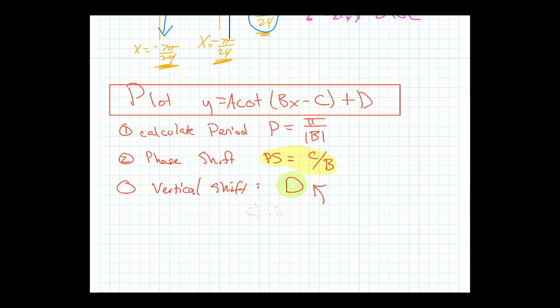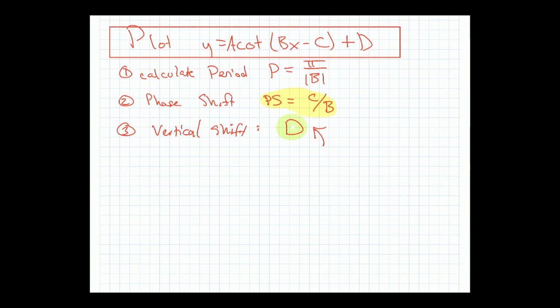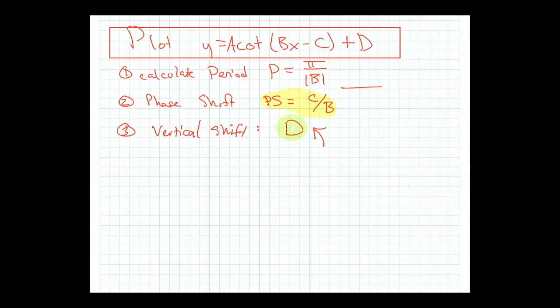So, if you're trying to plot y equals a cotangent bx minus c plus d, you do all the same stuff here. Calculate the period, same thing. Phase shift, vertical shift, you have all of those. And then you want to take those and apply them to the table, just like you did for the tangent. So your table for a cotangent used to look like this, right?